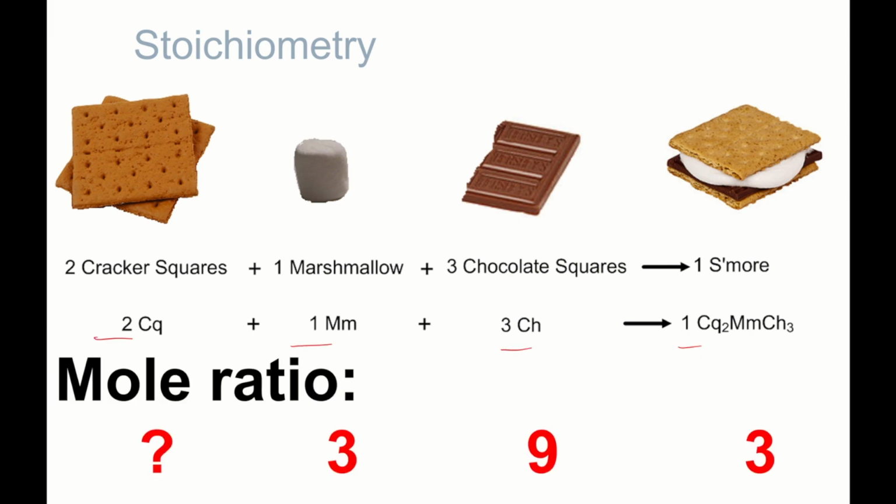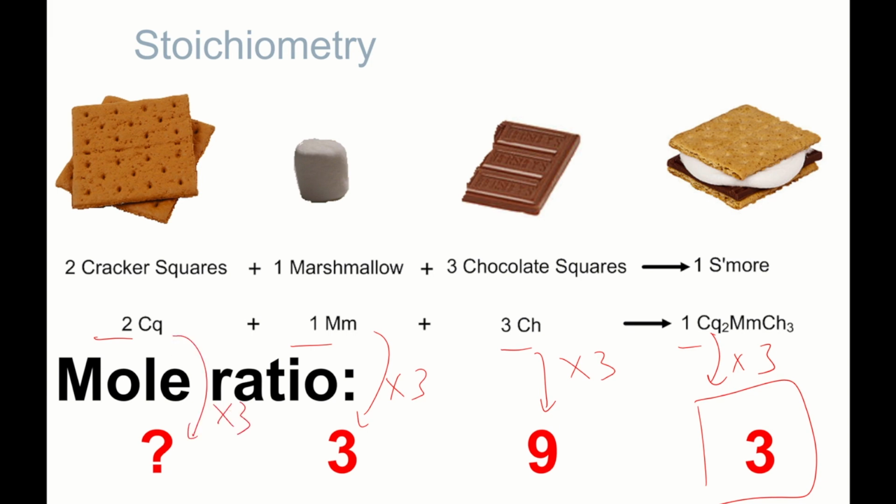For example, if I want to make 3 smalls, using this balanced equation mole ratio, I will need 9 of my chocolate squares, so I times 3, and then 3 marshmallows. So the question can ask you, what is the number of cracker squares I need to make 3 smalls? From the mole ratio, you know that they are all multiplied by 3, so the answer is 6.